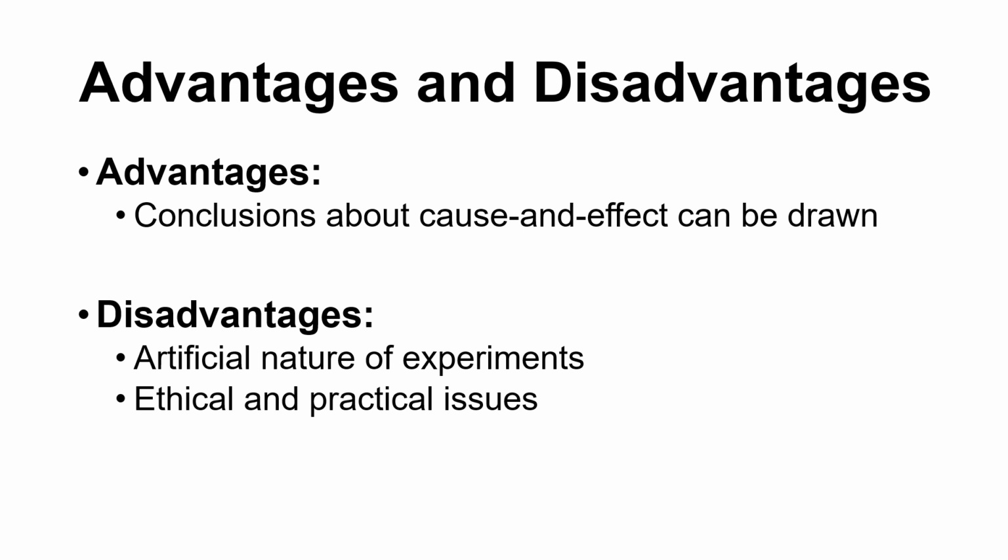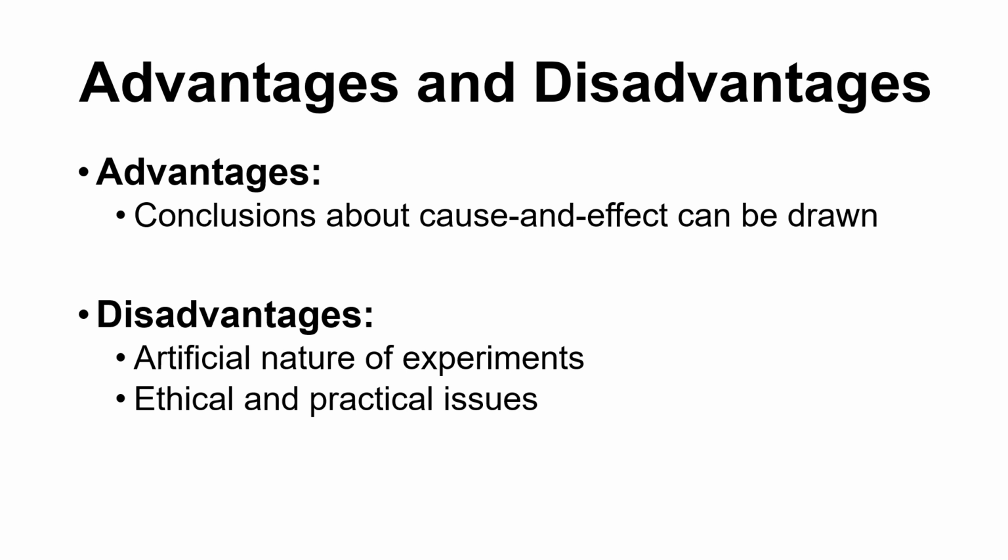So for ethical reasons, certain types of experiments just can't be done. If that's the case, then you're stuck with correlational research. You're stuck with describing and measuring things as they are, but you can't manipulate them. And because of that limitation, we can't make direct, definite conclusions about causality, but we can give it our best guess. There are also practical issues where sometimes it's impossible to assign people to a particular condition.